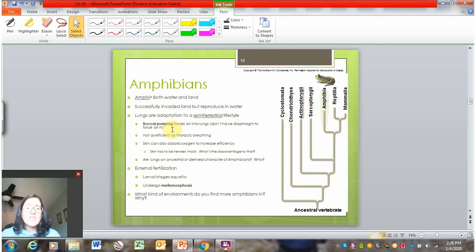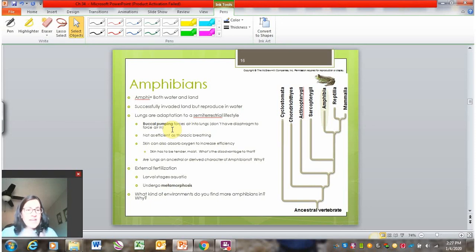And so they actually need secondary oxygen absorption. They generally absorb oxygen through their skin as well. We don't do this because we have a tough outer skin. Our tough outer skin doesn't let gases through very efficiently, and that's because it's tough. It's a dry shell. For us, that's a benefit because it's holding in moisture.